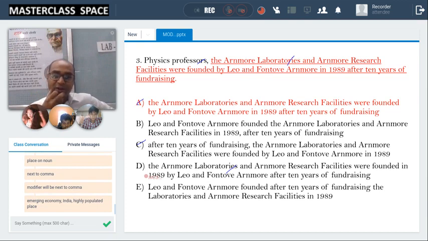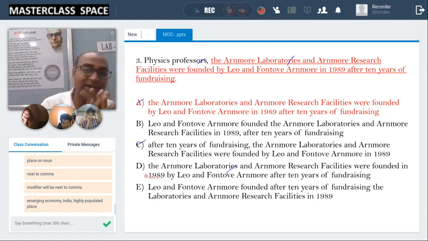One is emerging economy and the second is highly populated place. If you look at the meaning, emerging economy is what? Of course, India. Highly populated place is what? Of course, India. It means these are two modifiers modifying India. So we have to look at the phrase part and try to guess the correct noun.